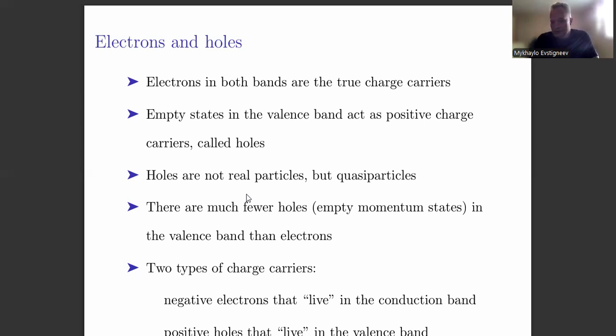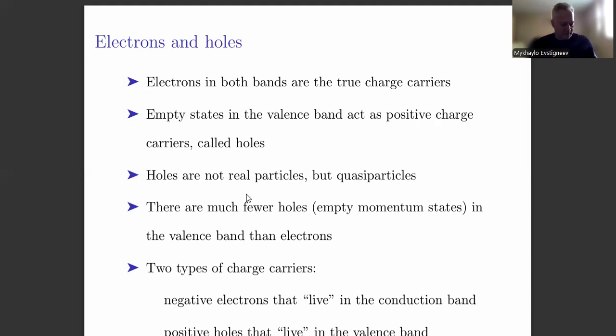But if your valence band has, let's say, 10 to the power 25 electrons, then you take 1 trillionth of that, you will end up with 10 to the power 13 electrons in the conduction band, which is a non-negligible number. All right, so in the valence band, we also have empty states.